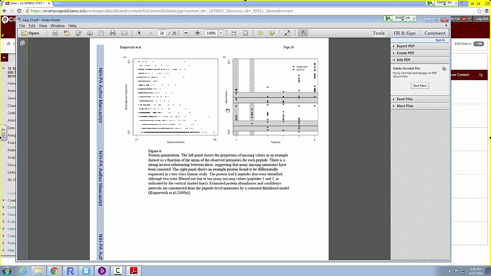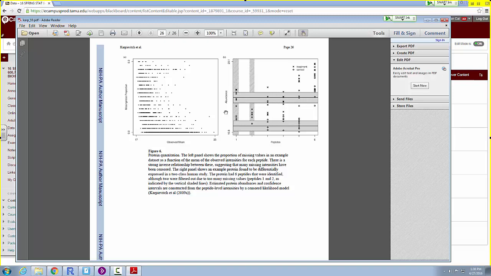One last detail that is important. In mass spec, we often have an m by n matrix of numbers, and often there's lots of NAs in there. There's lots of missing values.